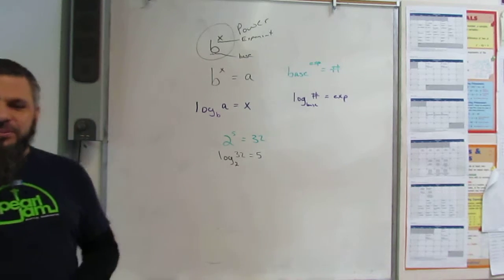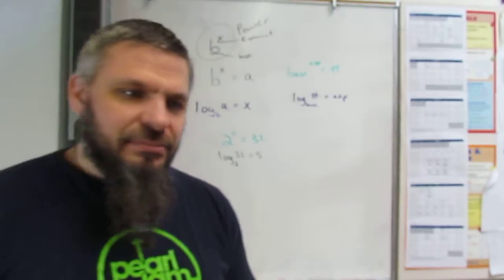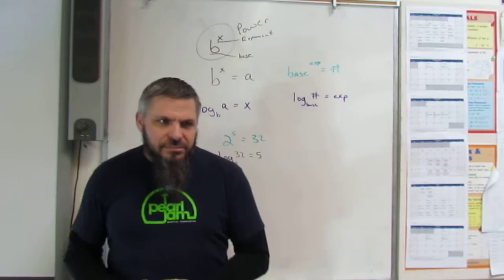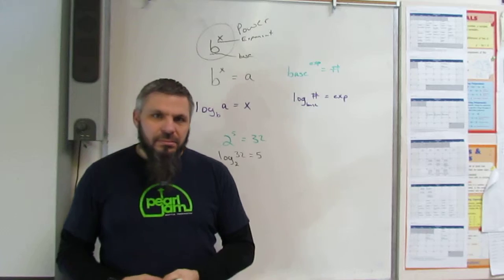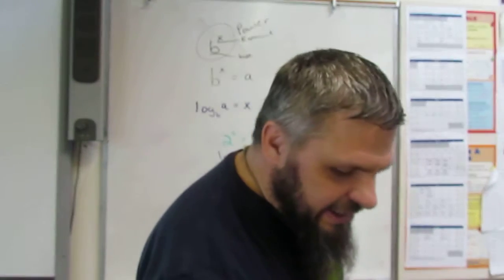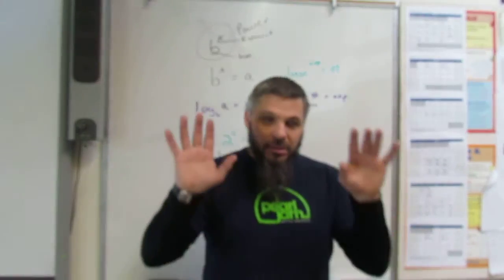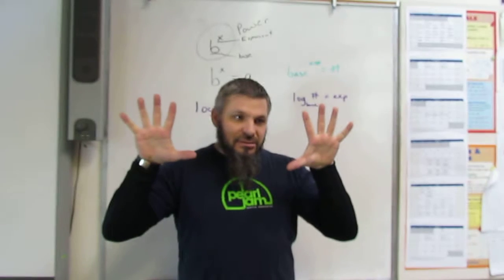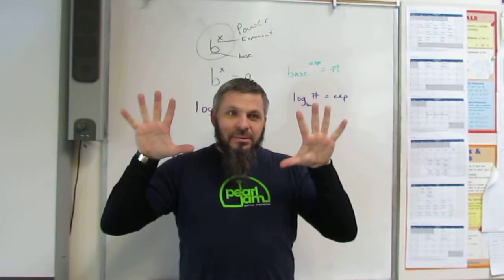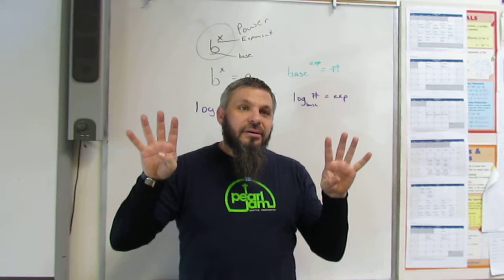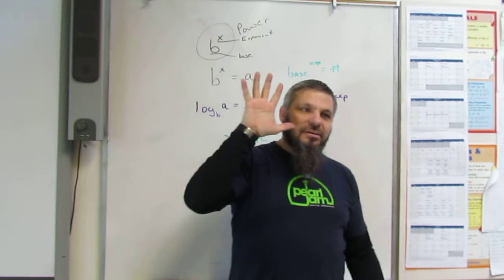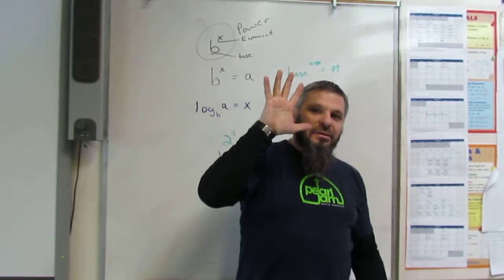Where did these come from? What bases did these come from? Anybody know? Nope. Think about it. Base 10. 1, 2, 3, 4, 5, 6, 7, 8, 9, 10. Right? Base 5. Oh, right there. So off our hands.